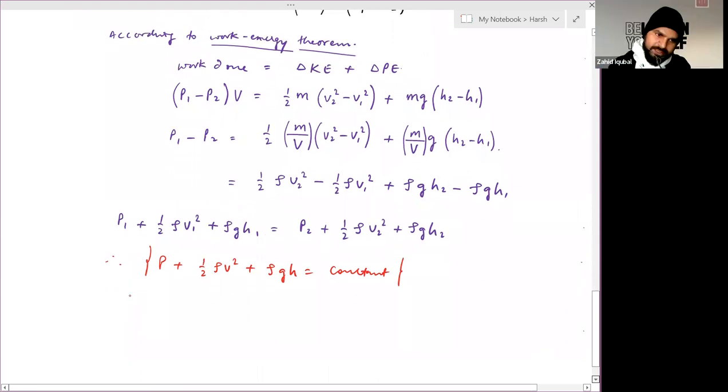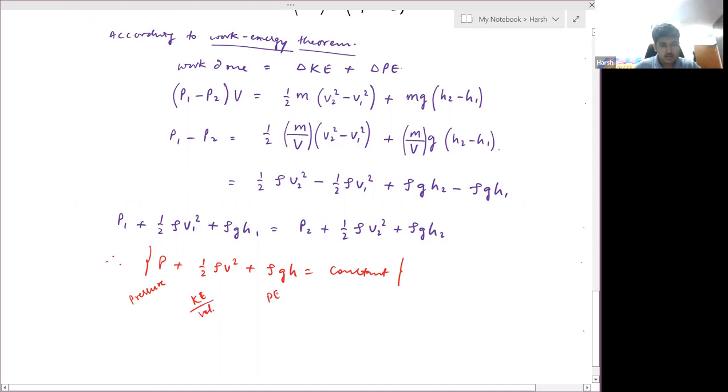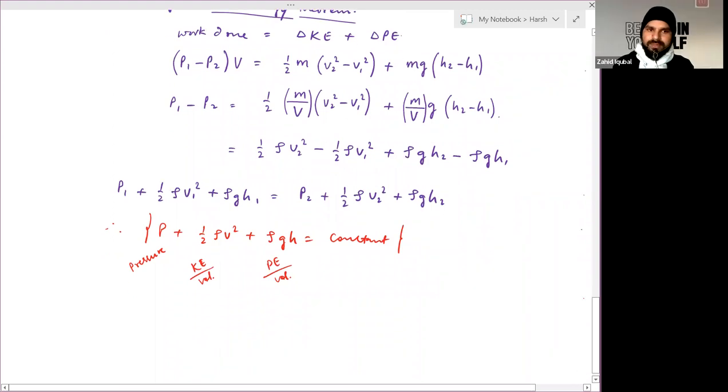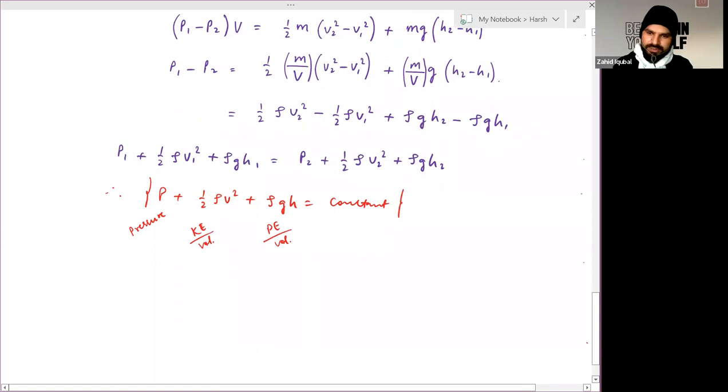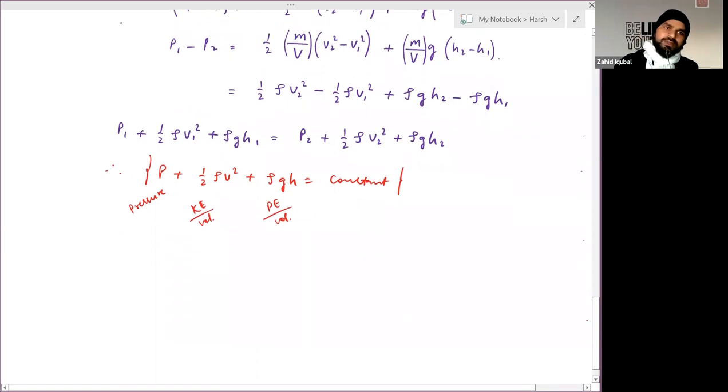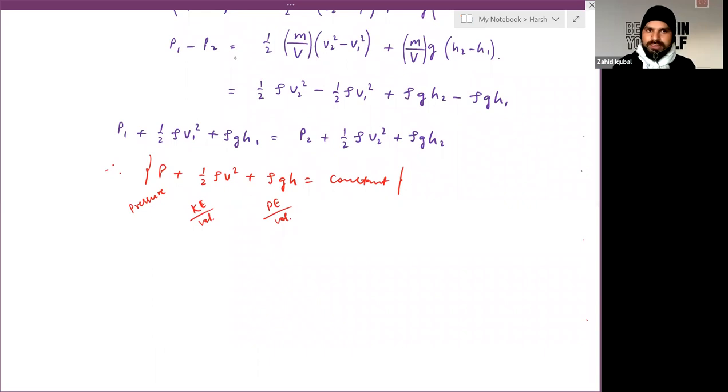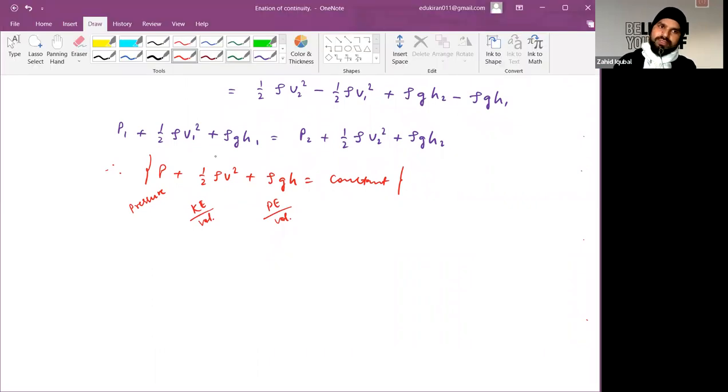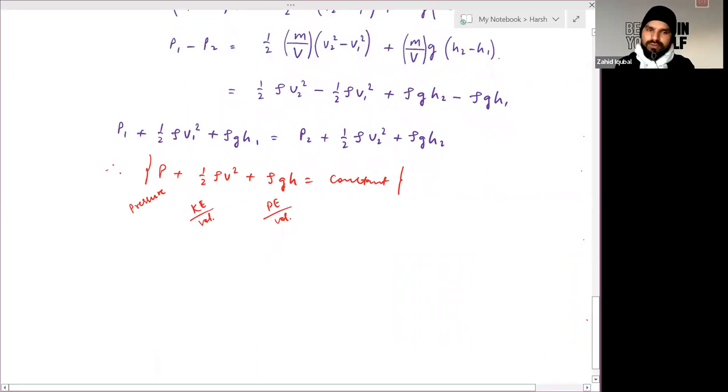So the first term in this expression is pressure. The second term is kinetic energy divided by volume. And the third term is potential energy divided by volume. Now in this expression, rho and gravity will be constant. Rho is the density of liquid and g is gravity. Only these two terms will be constant, the rest will be variable.